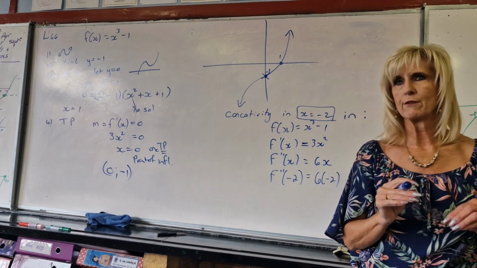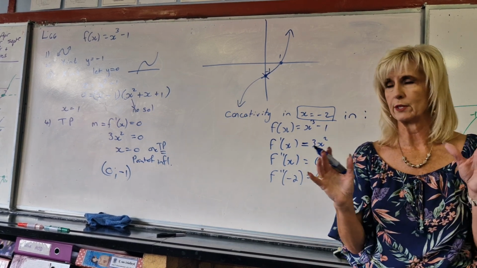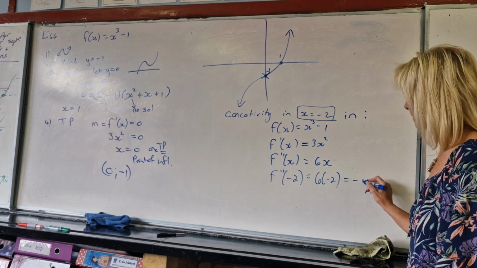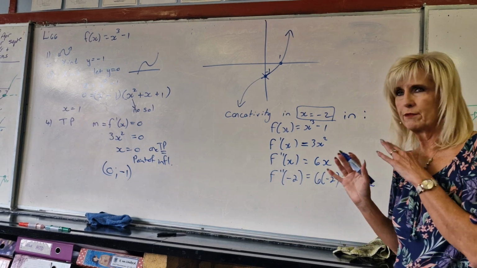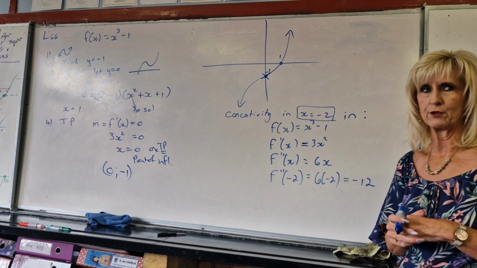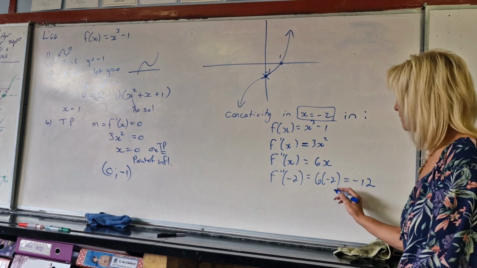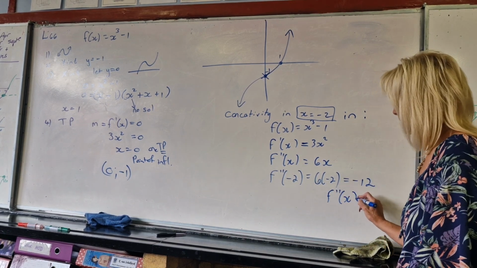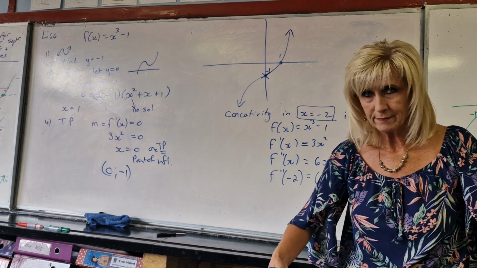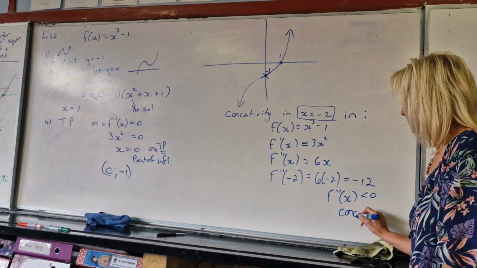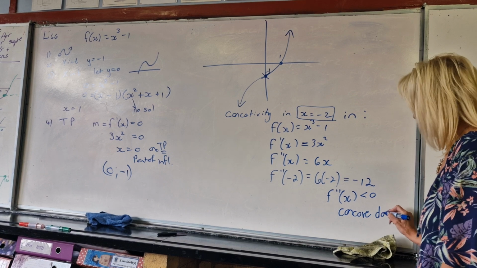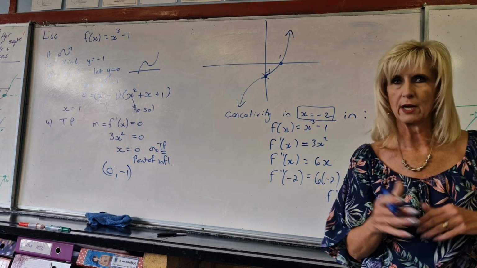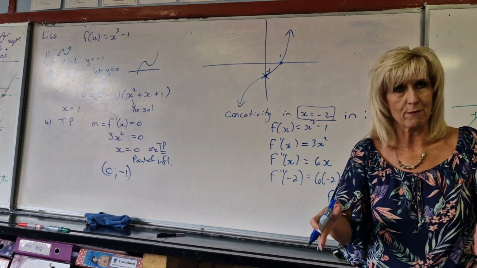So I'm only looking for the concavity at some random point. And the fact that it's negative 12 doesn't make the difference. It's because it's negative. If the double derivative is negative, it's concave downwards, down, whatever you'd like to say there. Are you with me? You'll remember it.